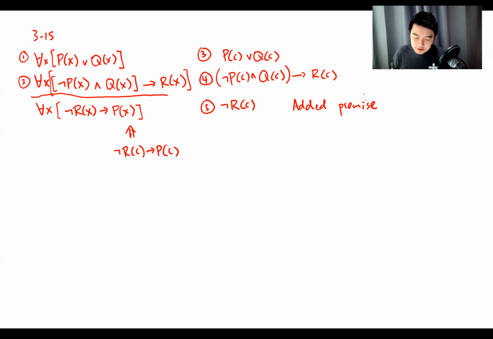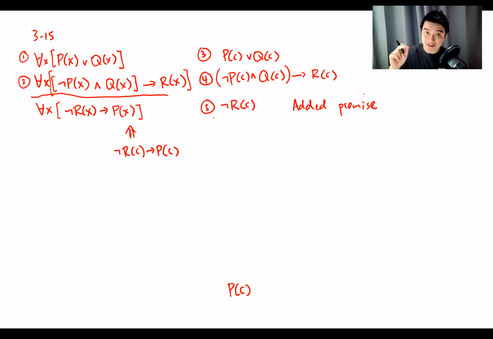The purpose of this added premise is that I'm now going to assume that not R of C is true, and eventually, somewhere down here, I want to show that this causes P of C to be guaranteed to be true. So this part that I'm about to do is just as good as proving not R of C implies P of C. Let me repeat that.